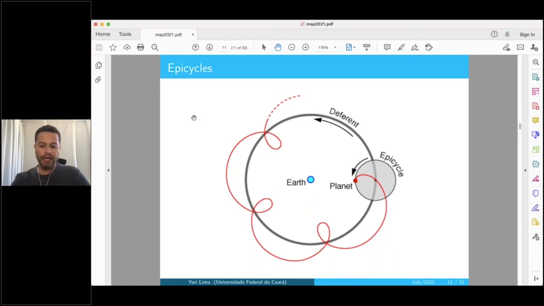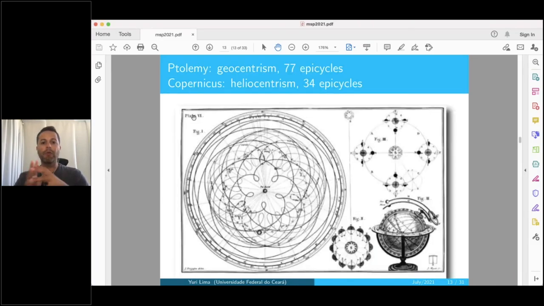Well, the second model that I want to mention is related to Copernicus. And I think Copernicus is actually from the 15th century. Copernicus considered the two paradigms that Ptolemy had, and he changed only one of them. He said, okay, I'm going to consider that instead of the Earth being the center of the universe, the center is the Sun.